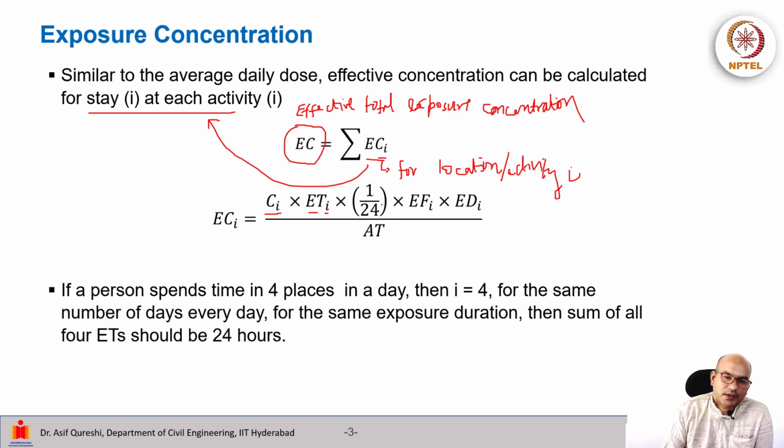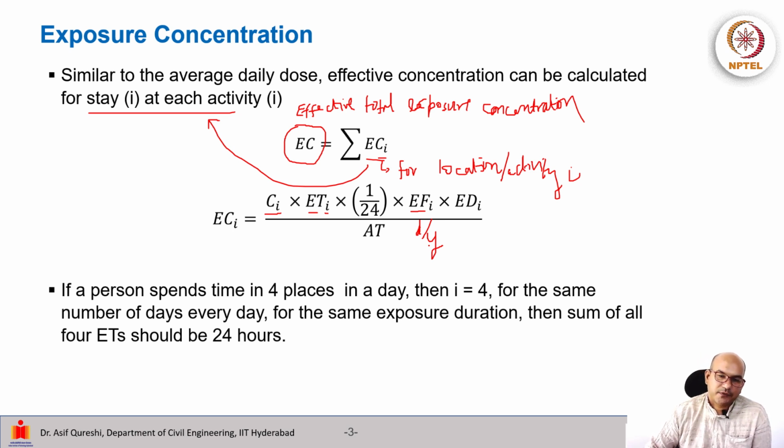Then this is the day to hour conversion. Then frequency, how many days per year. So maybe in reality, someone spends, except let's say 10-20 days, all other days, for 330 days, or 340 days, a person will be there in the kitchen, 340 days out of 365 days, let us say 25 days were break time.